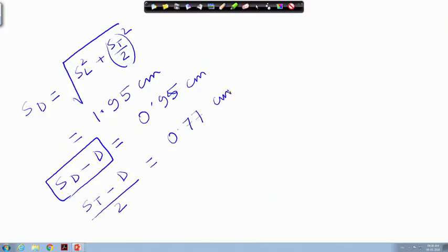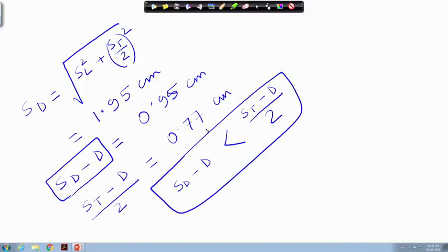Now we see that SD minus D less than (ST minus D) by 2 is the condition necessary for the velocity to be maximum at A2. But this is not getting satisfied, because 0.95 is not less than 0.77. So this condition is not true.